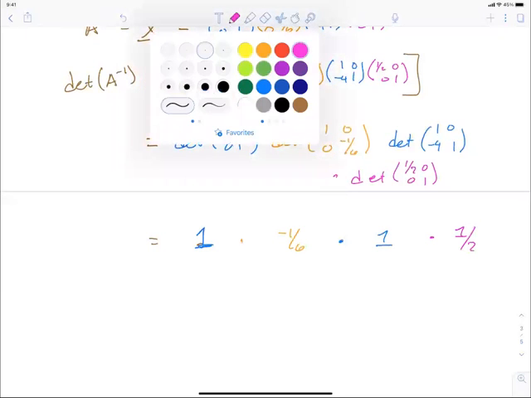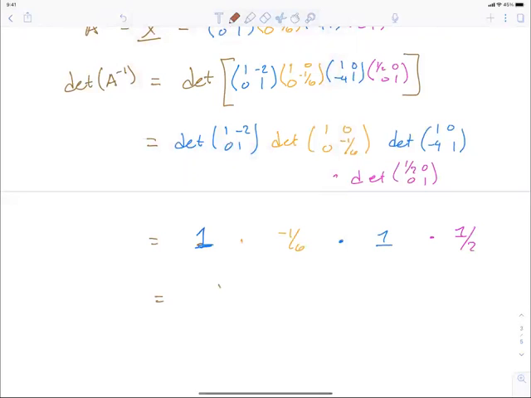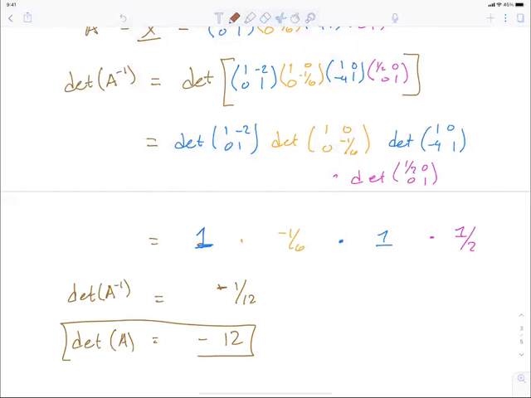So the determinant of A inverse is just going to be minus 1/12. And based on the rules of determinants, we know that this means the determinant of A is equal to minus 12. So we can use the elementary matrices to figure out the determinant.